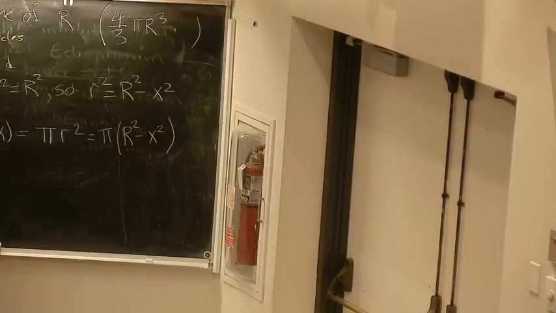So plugging in to the formula right here, using this cross-sectional area, the volume is equal to, let's plug in, the integral of pi times big R squared minus x squared dx.